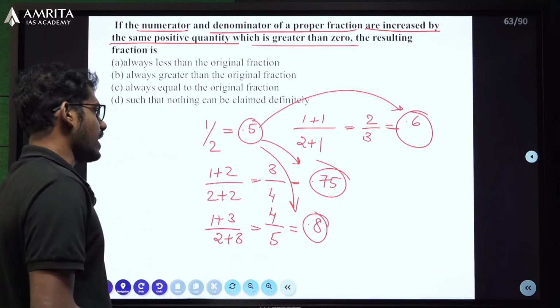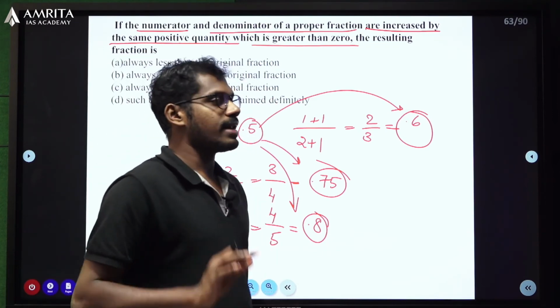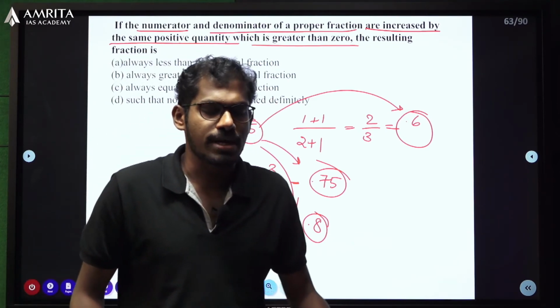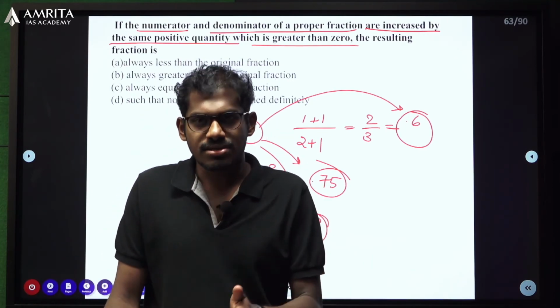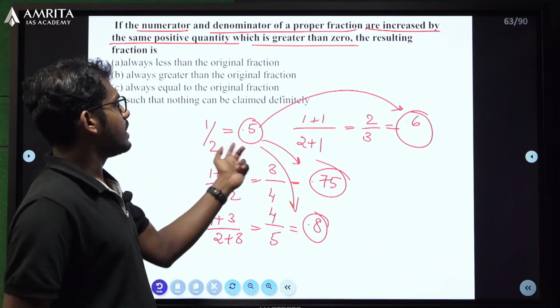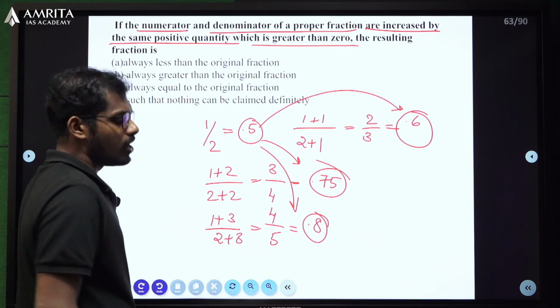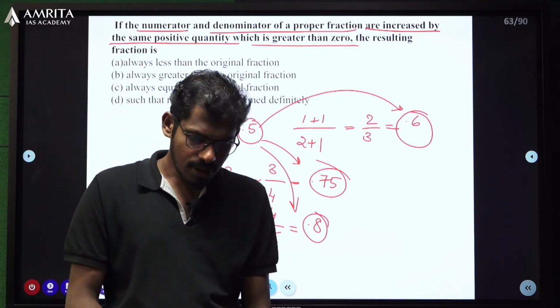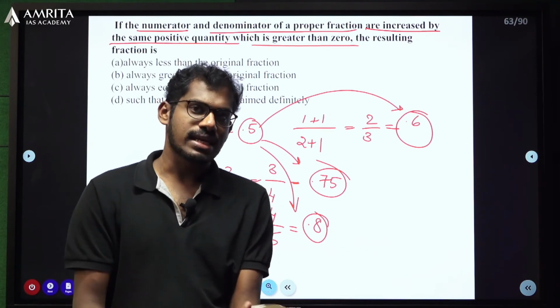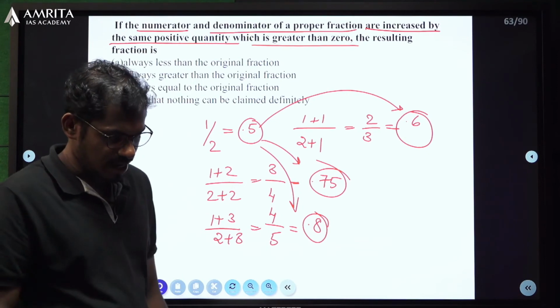So the resultant fraction is greater than the original fraction. Actually, in the UPSC key the answer is given as always greater than the original fraction.